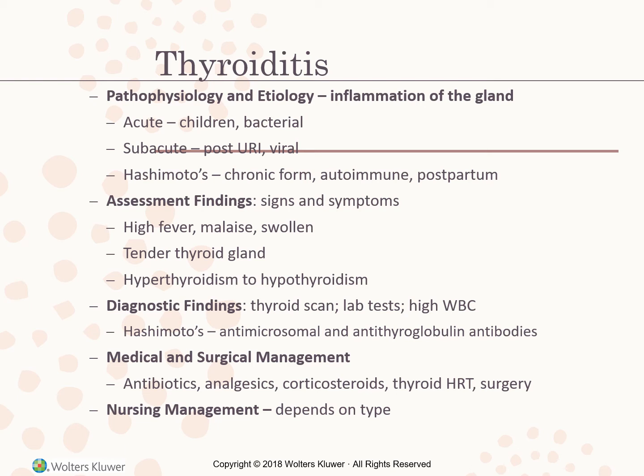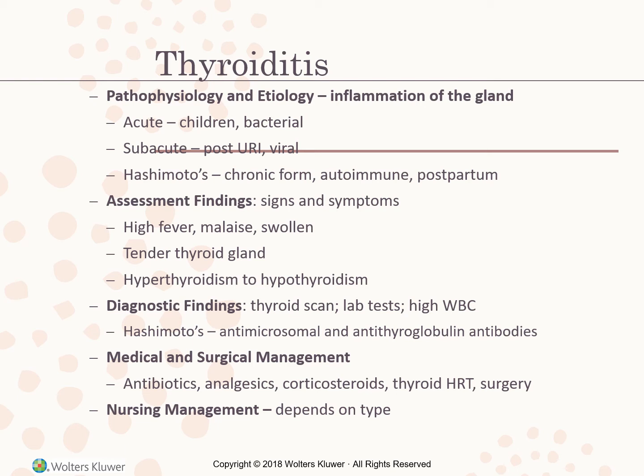Excess thyroid hormone will release from stores within the thyroid gland rather than from stimulation from the pituitary gland, which will produce a hypermetabolic state. As the stores of the thyroid hormone deplete, a hypometabolic state will ensue. And in some cases, the thyroid gland recovers, but in other cases, hypothyroidism will become permanent.